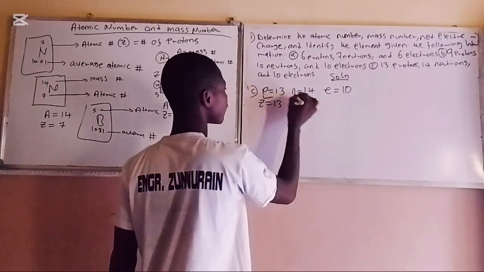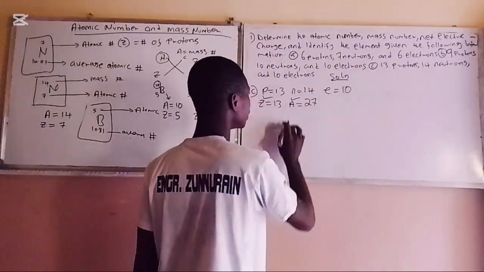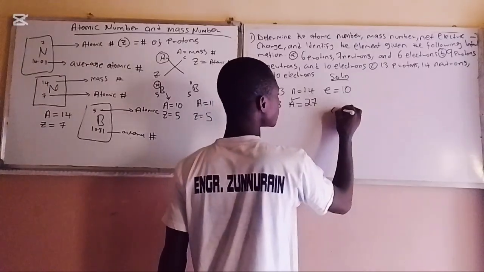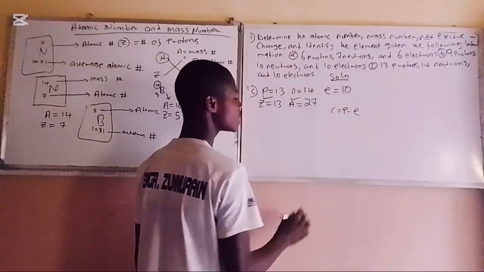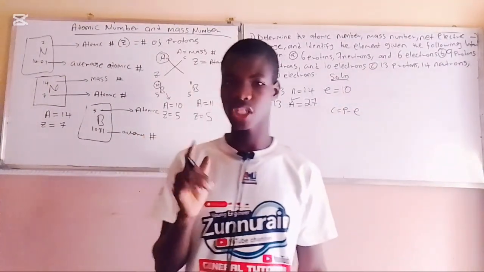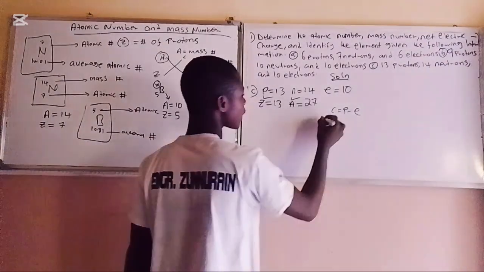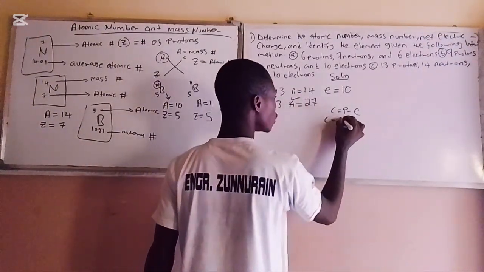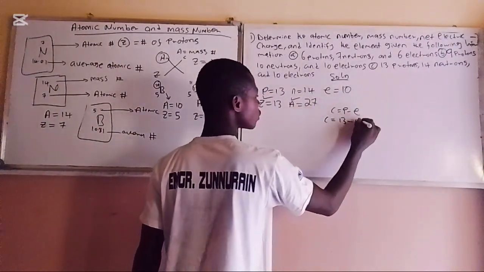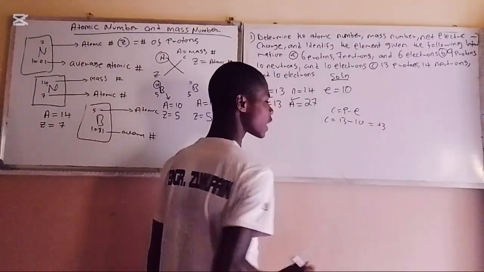The next thing to do is find the charge, P minus E, the number of protons minus the number of electrons. This is 13 minus 10, which is positive 3.